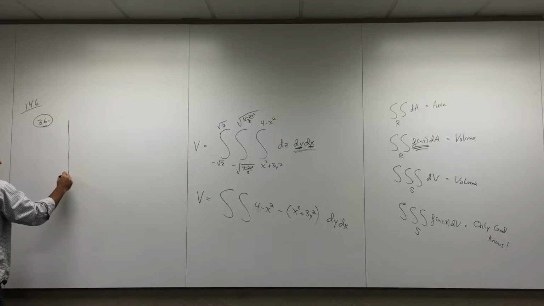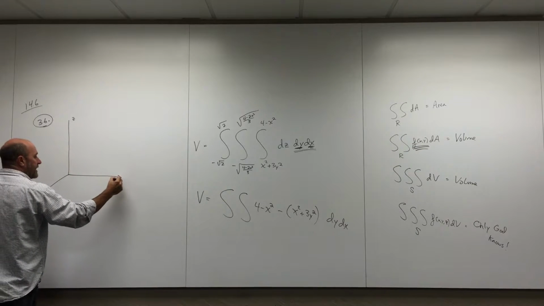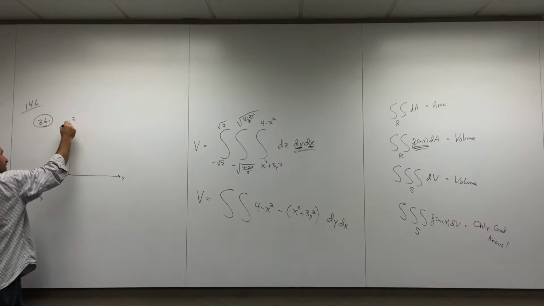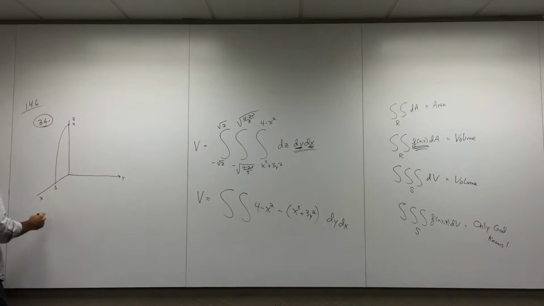This is a good 3D picture. This is my x-axis, my z-axis, my y-axis. This is 9. It comes down here, it hits at 3, and the name of that surface is z equals 9 minus x squared. Very similar to what I just did. Z equals 9 minus x squared is the name of this surface.